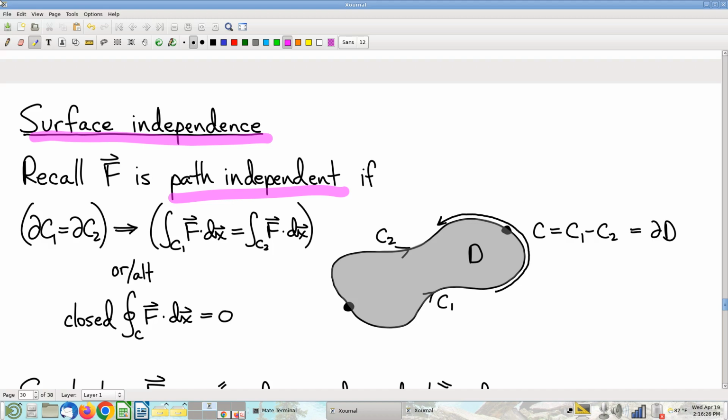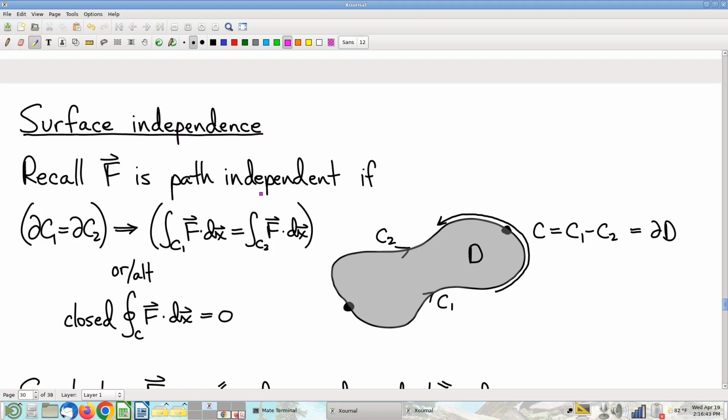Not so with surface independence. Surface independence is awesome in ways that path independence is not. And the details of that will flesh out over the rest of this week.